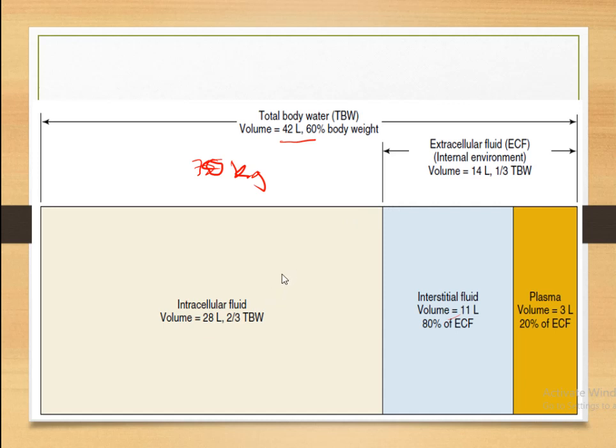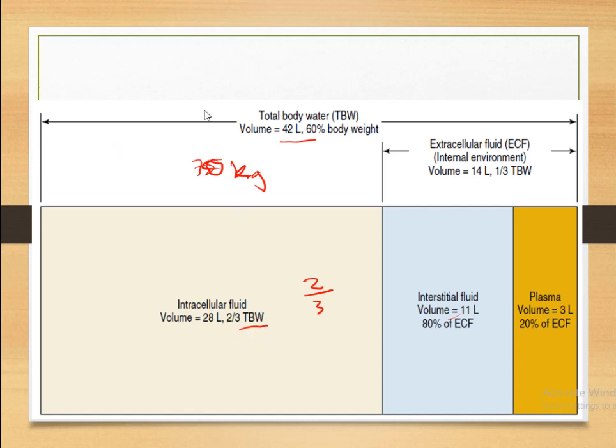Then the other part we need to look at is the intracellular fluid. You need to look at how many liters the intracellular fluid has. The intracellular fluid has approximately 2/3 of the total body water.